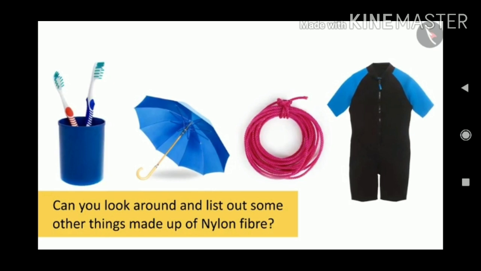So these three advantages of nylon make it useful in many areas, and we can see many applications here. The first one is toothbrush bristles, which we use for cleaning our teeth, is it right?